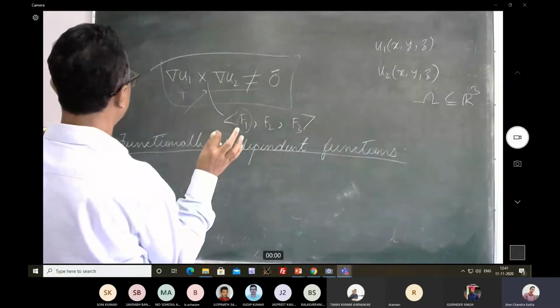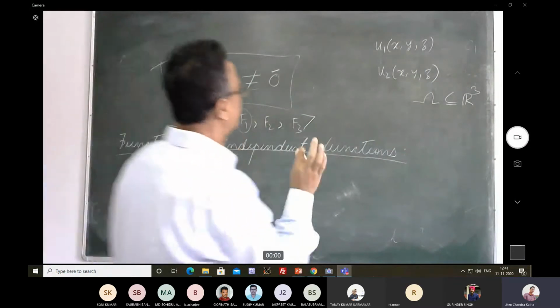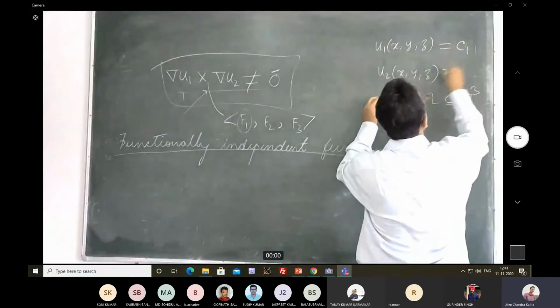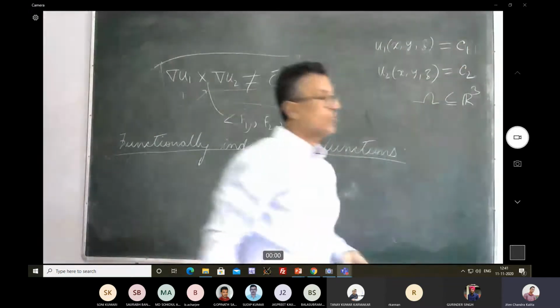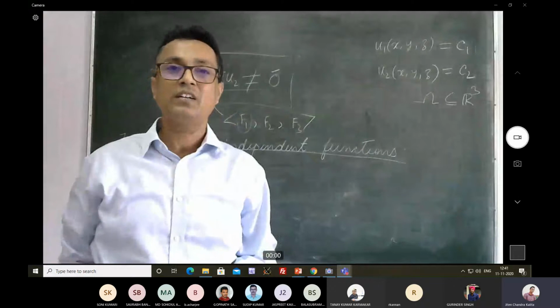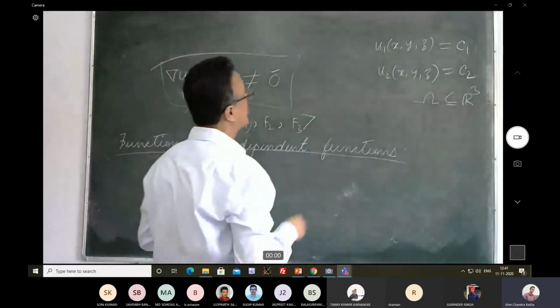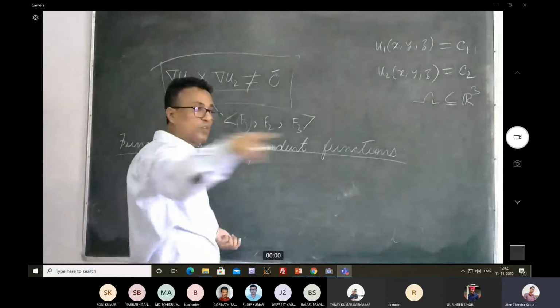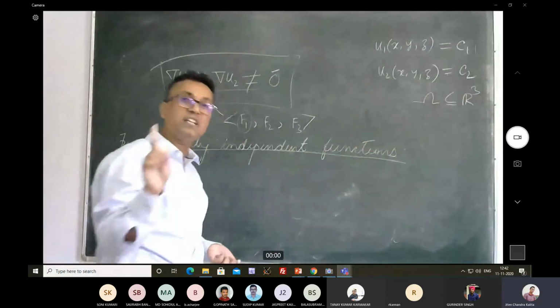we derive that concept assuming that we already have two level surfaces. I have shown you in the slides also.